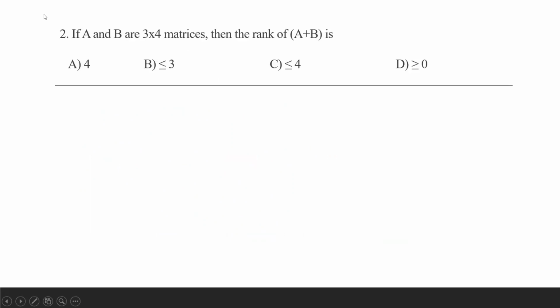Then if you look at the second question, you are given two matrices A and B, and both are of order 3 by 4. When you are given two matrices of the same order, only then can you add them, as you know. So when you add these two matrices, you will get a new matrix A plus B, whose order is also 3 by 4. We have one property for matrices in the case of rank.